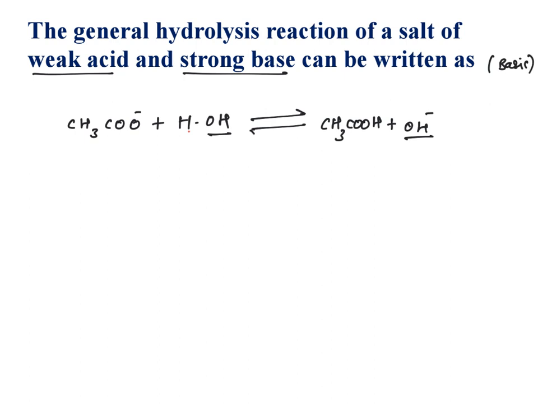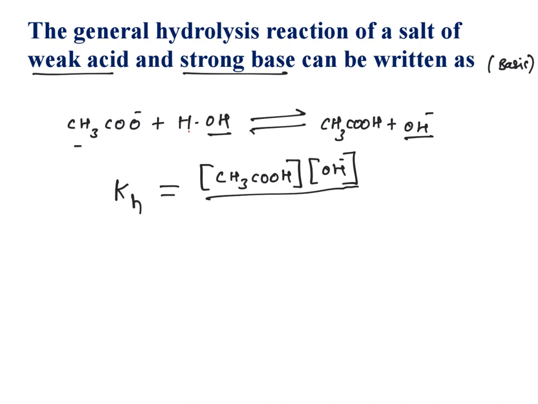When we write the hydrolysis constant of the salt, Kh equals the concentration of the product acetic acid times the concentration of OH minus, divided by the concentration of acetate ion.